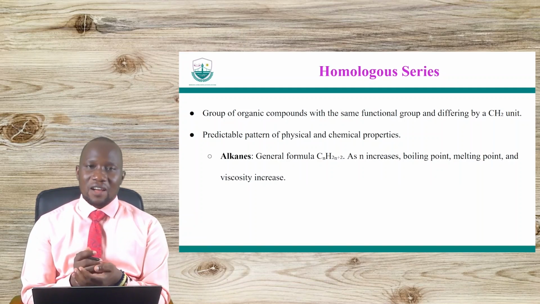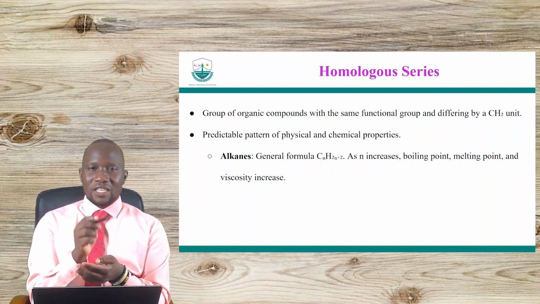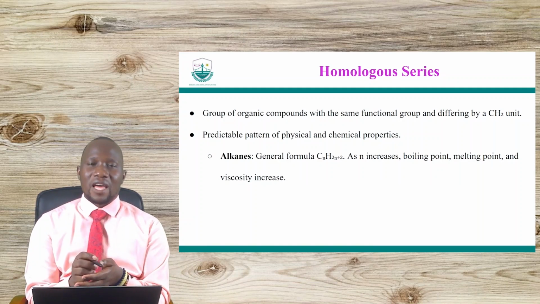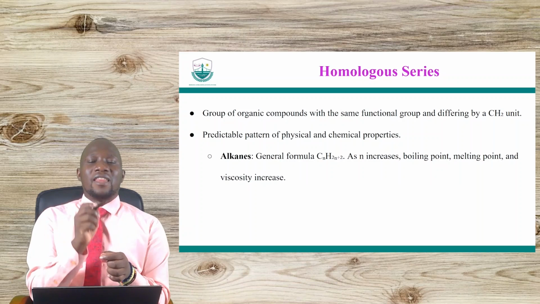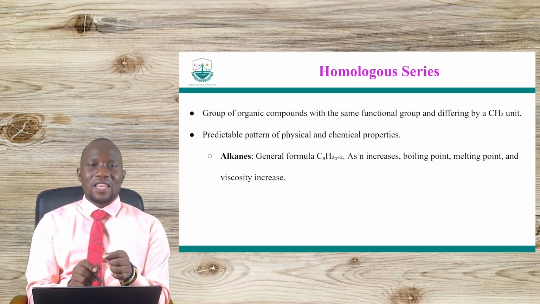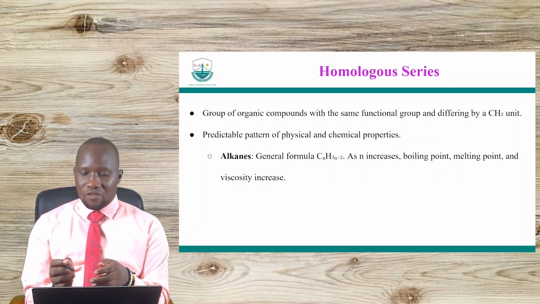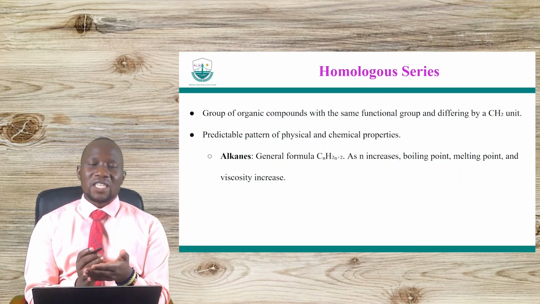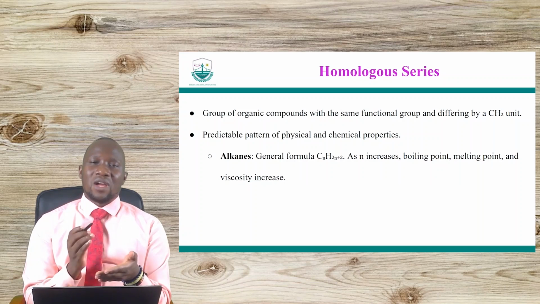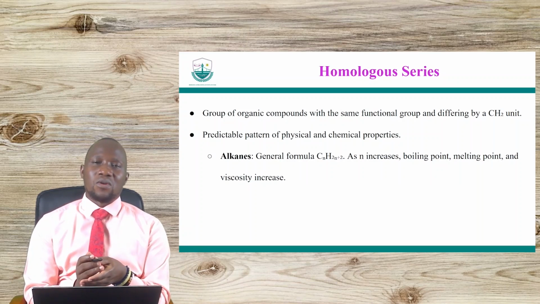But under the same line of organic compounds with the same functional groups, there are other elements in there. For example, we have very many types of amines, very many types of alcohols, very many types of carboxylic acids, right? So how do we differentiate them?